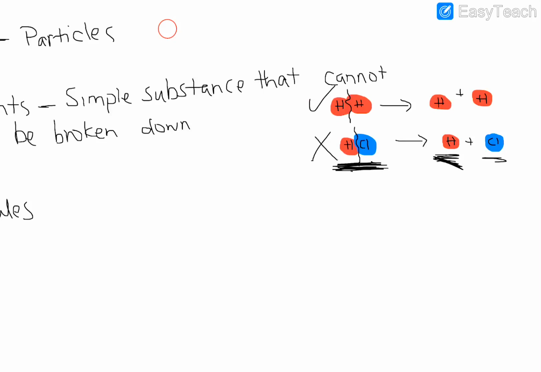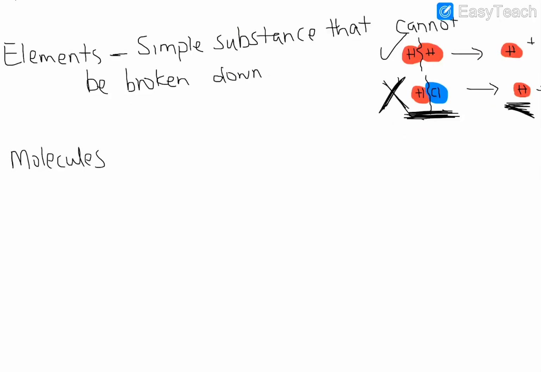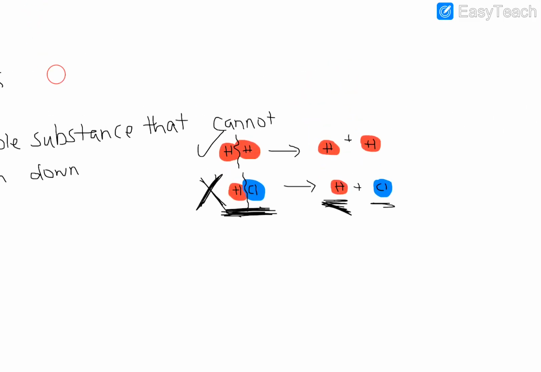So this is an element, but this is not an element. Simple substances that cannot be broken down can also be defined as things that contain only one type of particle. You see here, there's just red particles, so it is an element. Here there's red particles and blue particles, so that's not an element.